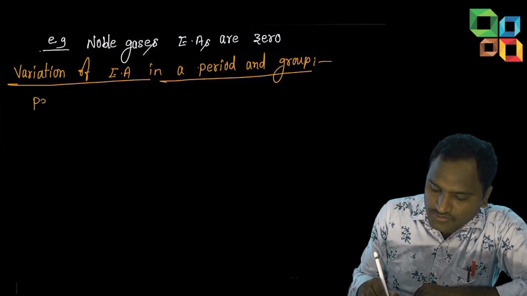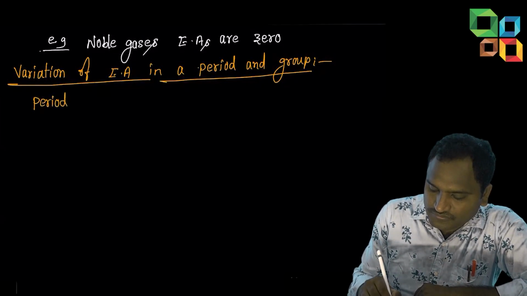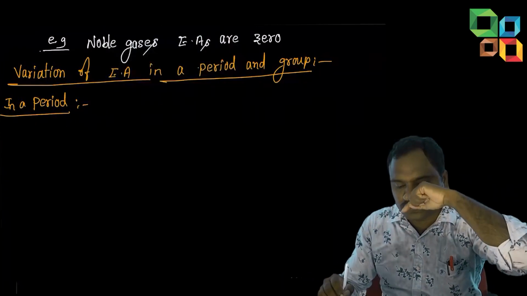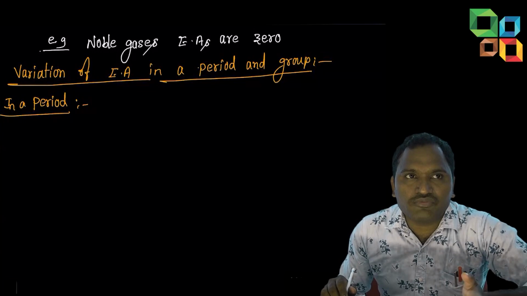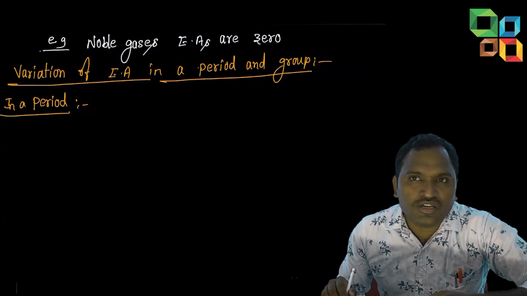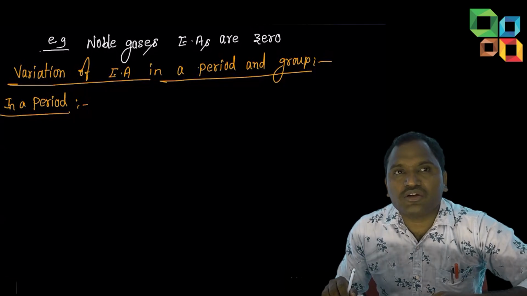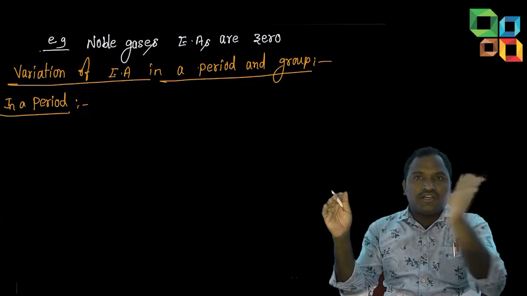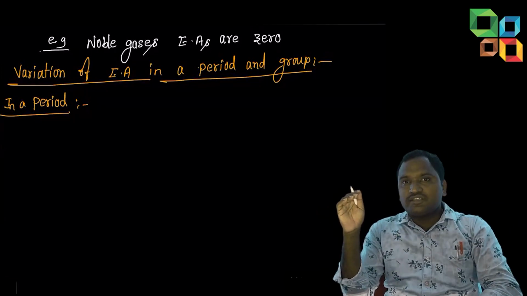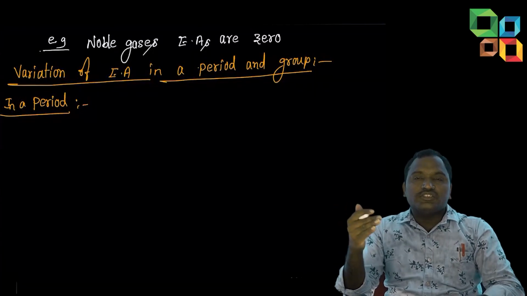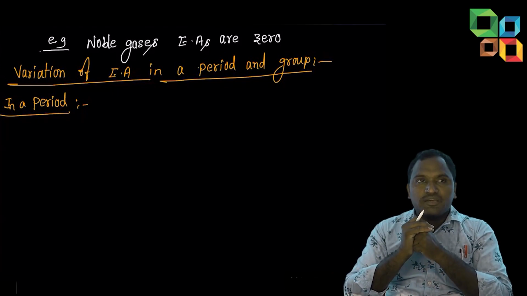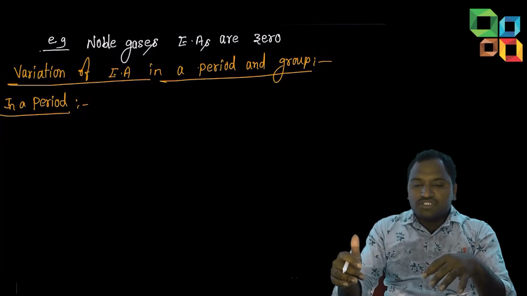First, in a period. As we move from left to right in a period, electron affinity increases. Why? Atomic radius decreases, so effective nuclear charge increases, so the tendency of attracting electrons increases, so more energy will be released. Generally it increases. Some exceptions are there that I will give now.